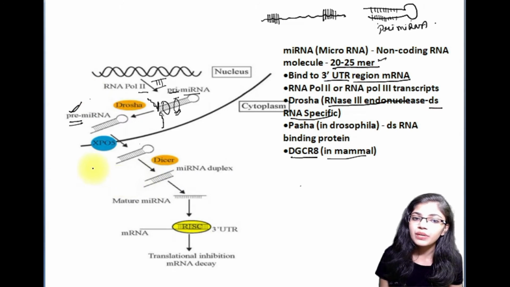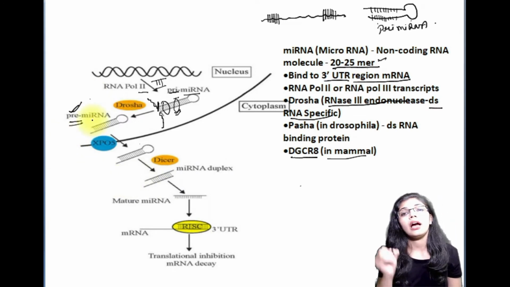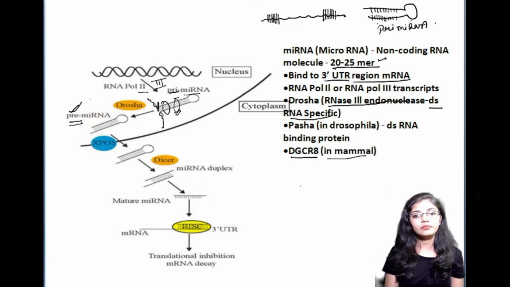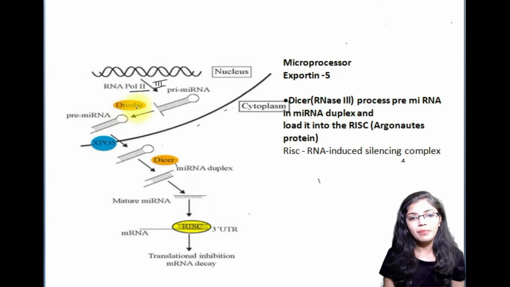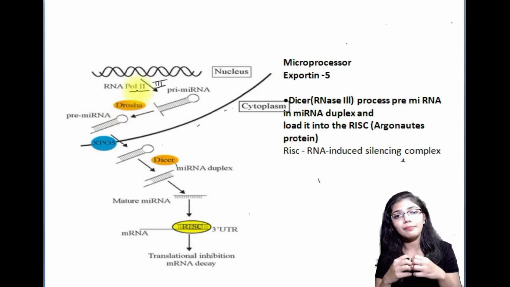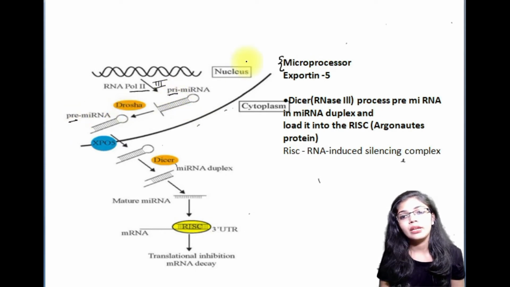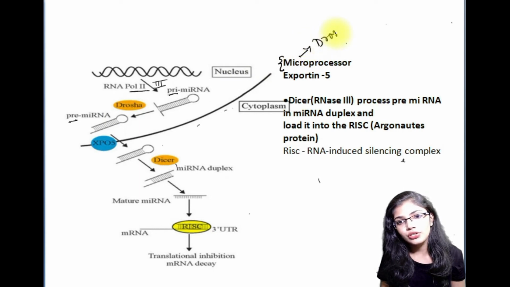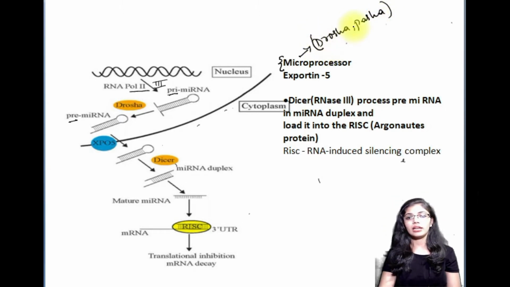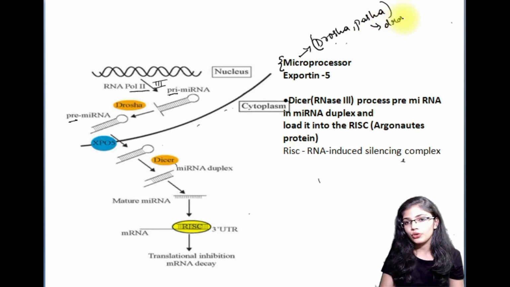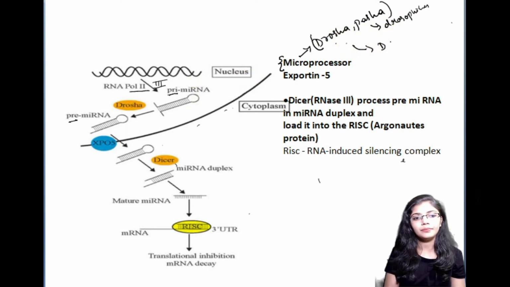After the formation of this pre-miRNA, it will be exported out from the nucleus. When DROSHA and PASHA combine and work, it is known as the microprocessor. Through the microprocessor, the pri-miRNA will be converted into pre-miRNA. These two are known as the microprocessor. It can be DROSHA and PASHA in Drosophila, and in mammals it can be DROSHA and DGCR8.